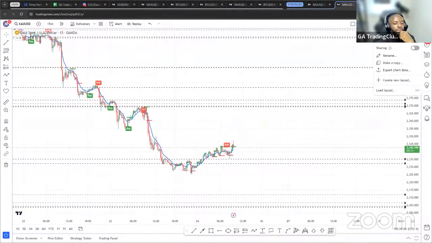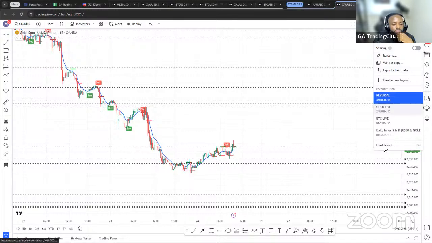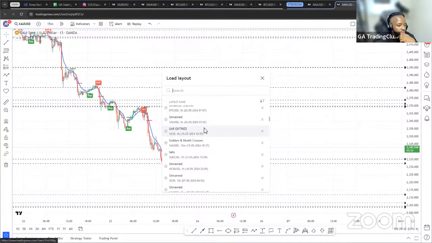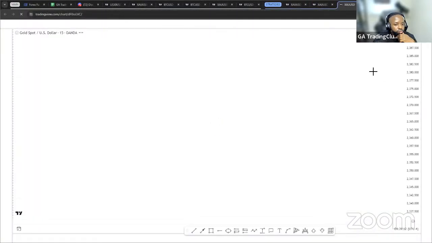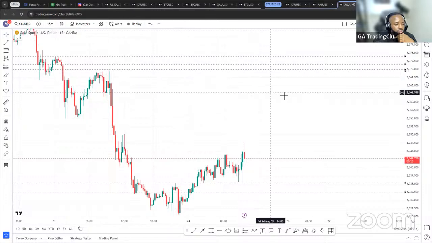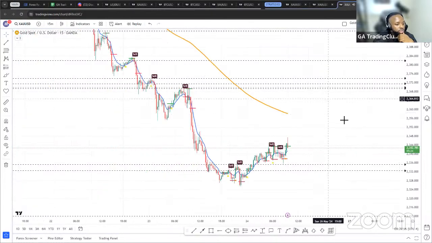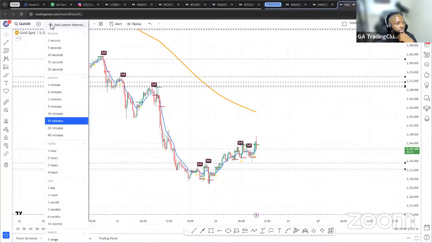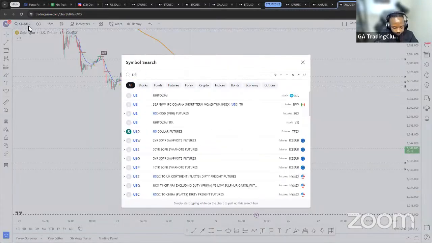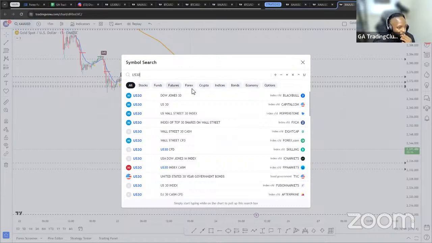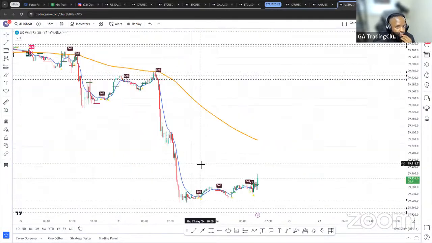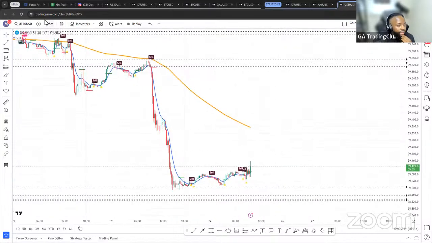The other one, let me see if we can get crosses and see if there's anything. Yeah, nothing for the crosses.